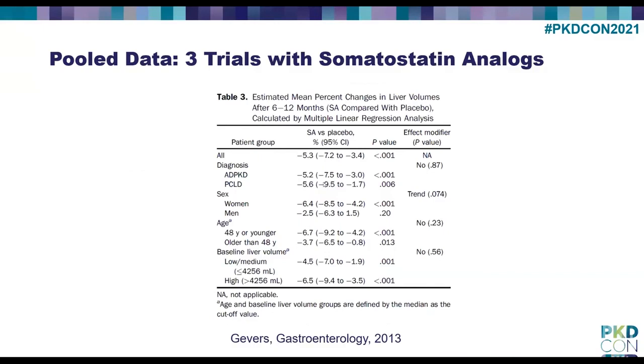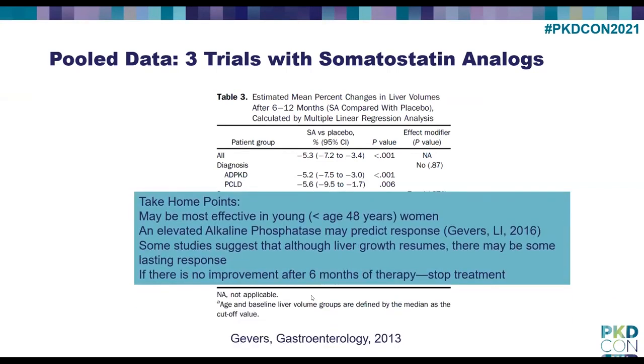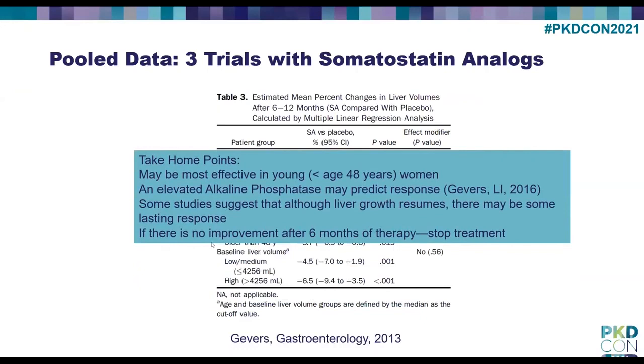And this is pooled data from 3 trials looking at this for people with either AD-PKD or AD-PLD. And the take-home message from these pooled studies is that the somatostatin analogs may be most effective in young women under the age of 48.